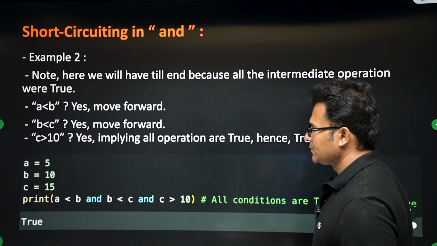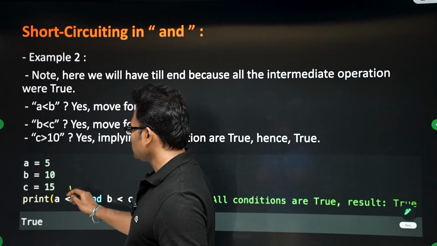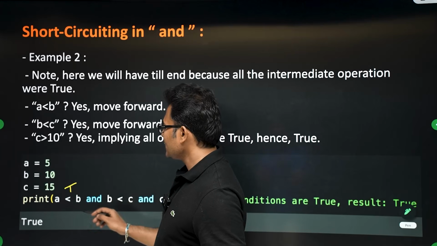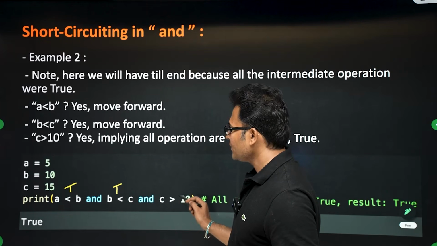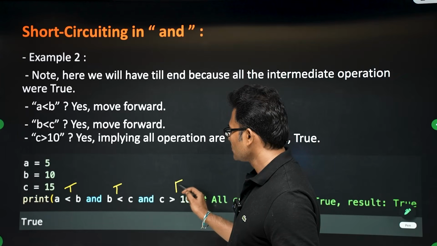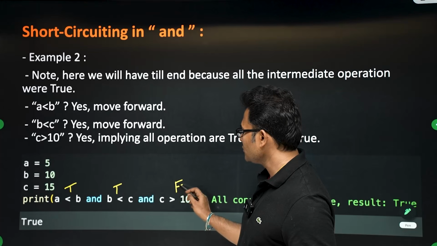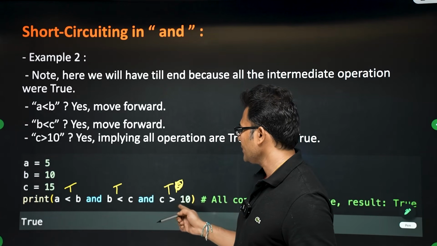Okay, let's see this. A is less than B is true. B is less than C is true. C is greater than 10, yeah, this is also true. 15 is greater than 10, right?